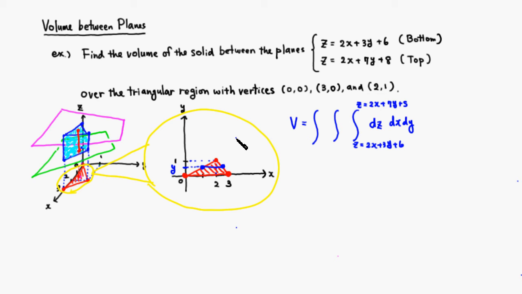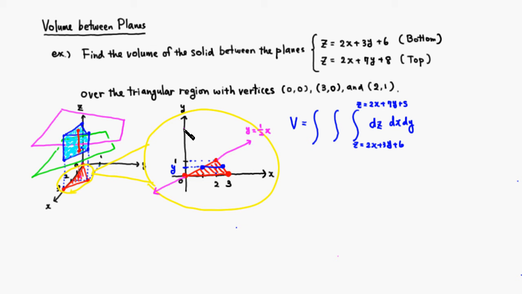So we have to come up with the equations. This line right here has slope 2 to the right, 1 up, so slope 1/2, and y intercept 0, so y equals 1/2 x.